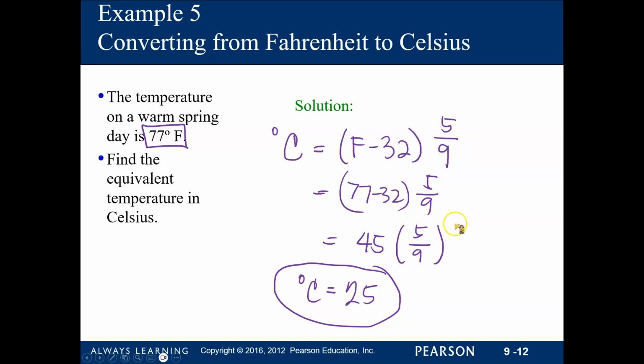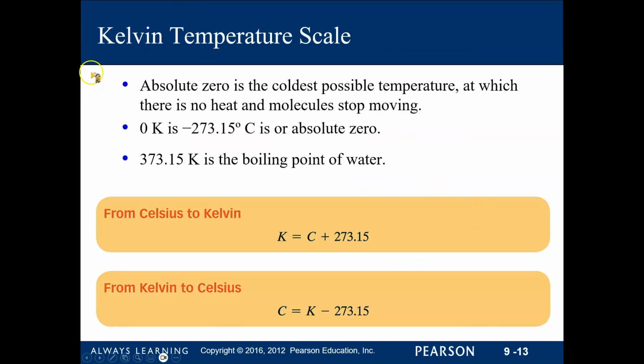Now, if you are not aware, there is a third unit of measurement which most scientists are using, and that is what we call the Kelvin temperature scale. With Kelvin, all you need to do when converting Celsius to Kelvin is simply add 273.15 to the Celsius measurement. And if you have a measurement in Kelvin and want to change it to Celsius, you just simply subtract 273.15.